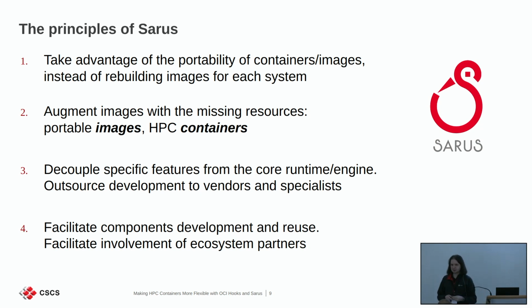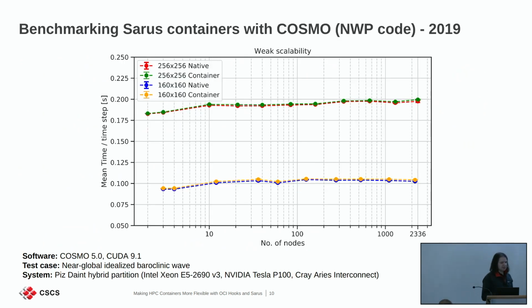CSCS has offered Sarus in production since 2019, and over the years we have made several benchmarks. To pick one of the most representative ones, we did in 2019 a run of a container of Cosmo, the numerical weather prediction code used by several national weather forecasting institutions all over Europe.